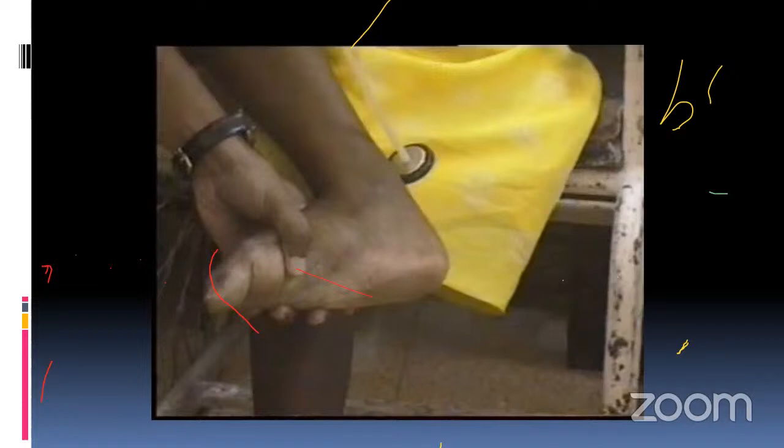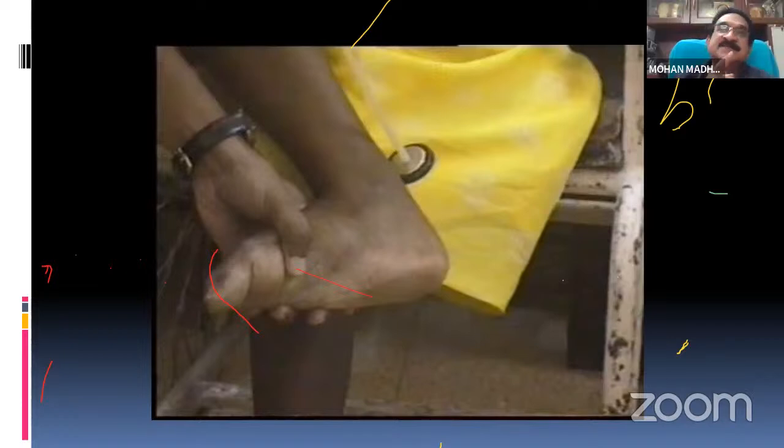The clue to suspect it is that the reflex is lost. That tells you the lesion is in the peripheral nervous system. Why peripheral system? Because these are the fibers that carry the proprioceptive input. The same fibers are also going to the dorsal column and going up.